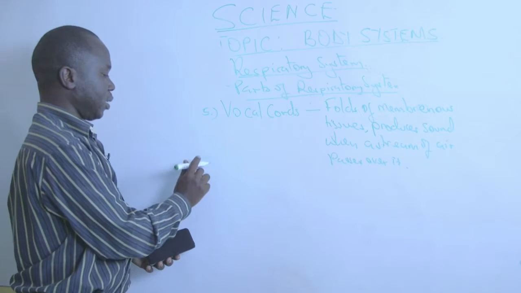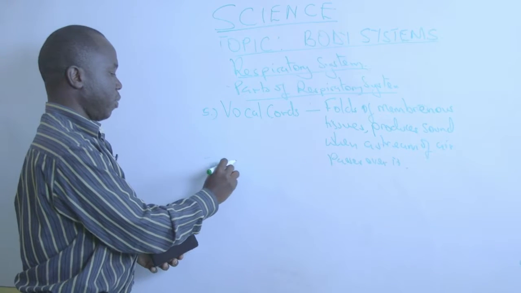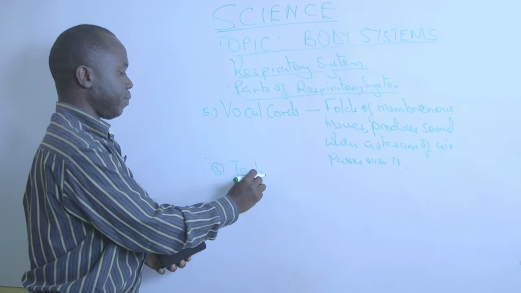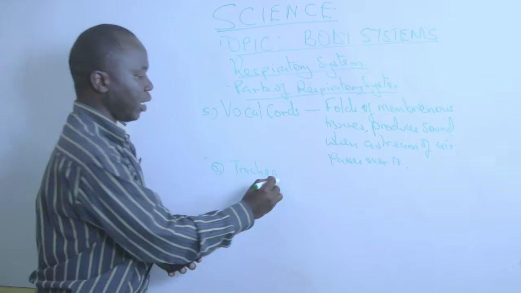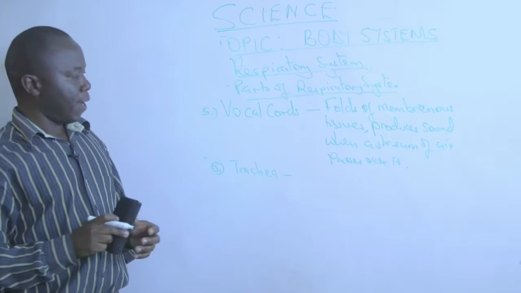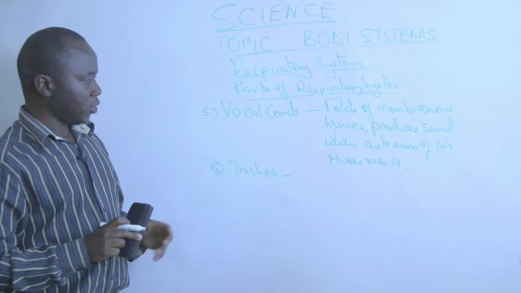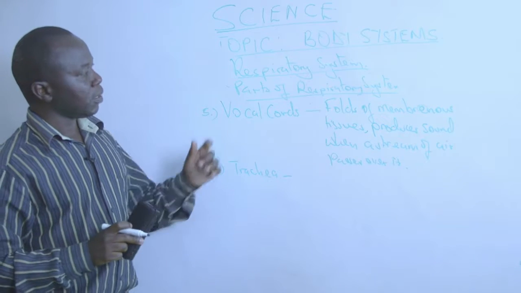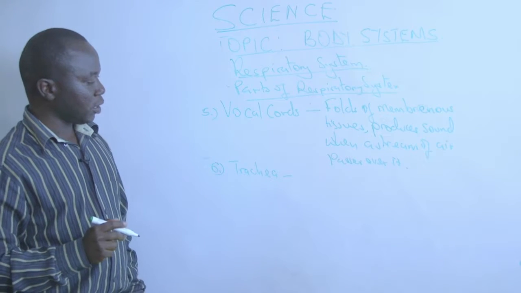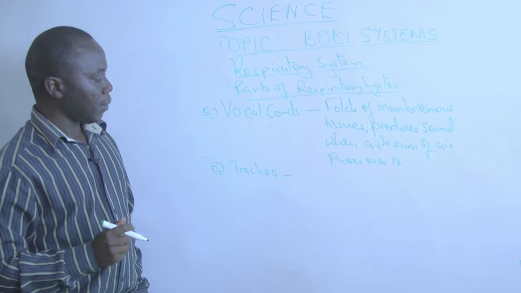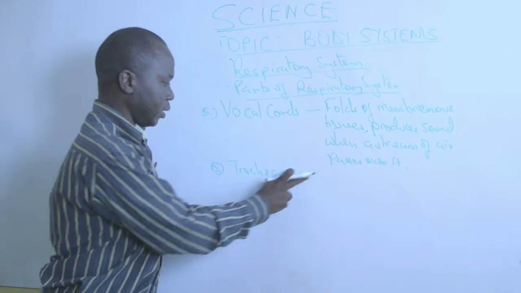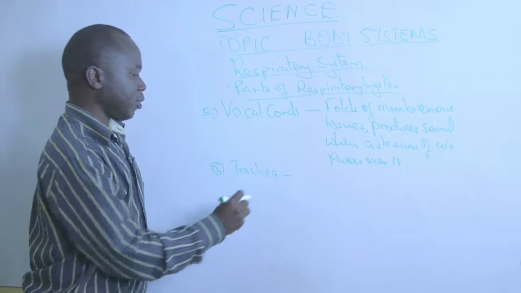Then among the major parts, we also have the trachea. It is very clear in your book and on the diagram. So the trachea runs from the larynx into the bronchus, or into the lungs. But it has some structures.